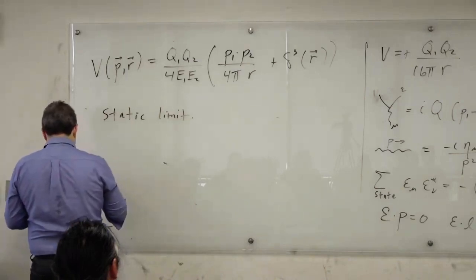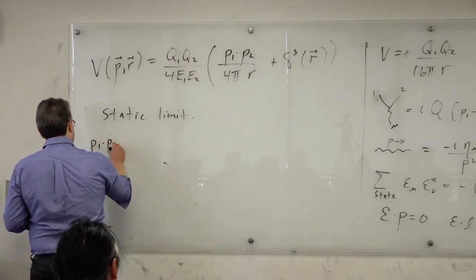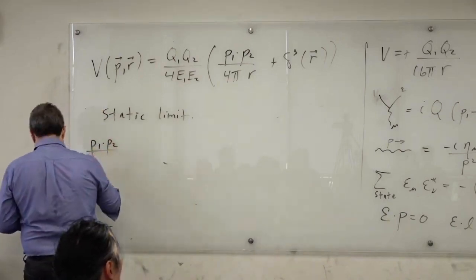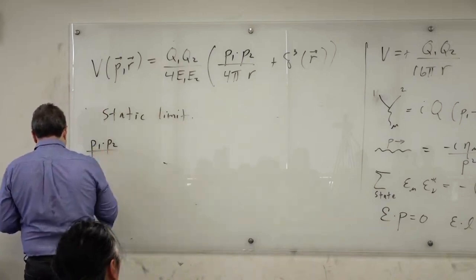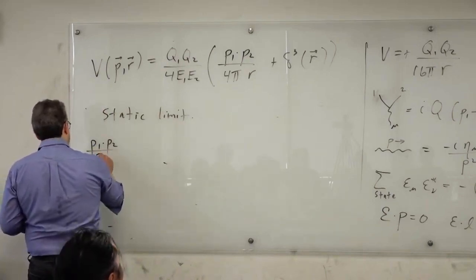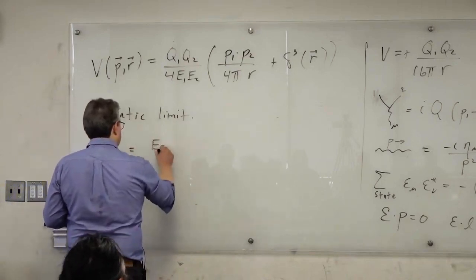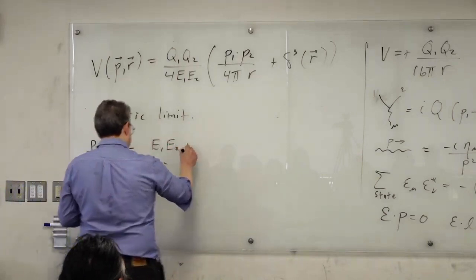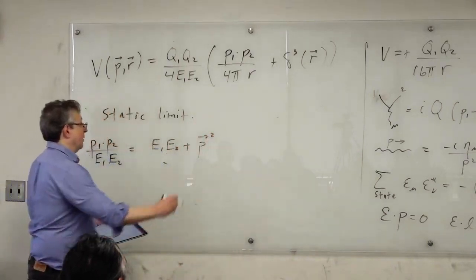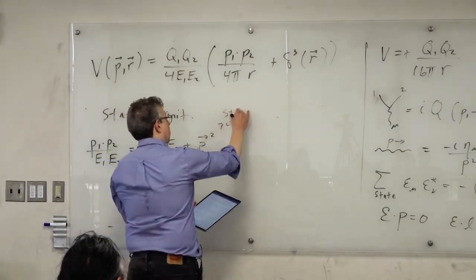P1 dot P2 divided by E1, E2 is equal to E1, E2 plus P squared, but it's static, so 0.